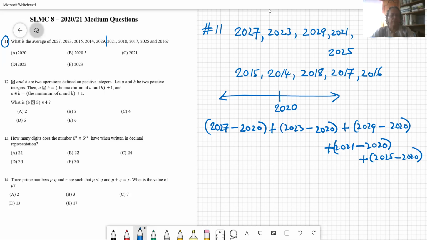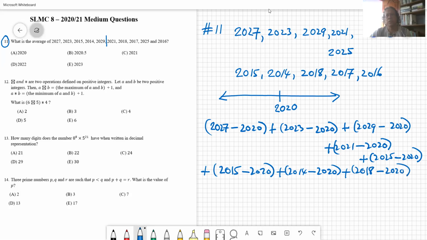And then the smaller numbers: 2015 minus 2020 plus 2014 minus 2020 plus 2018 minus 2020 plus 2017 minus 2020 plus 2016 minus 2020.